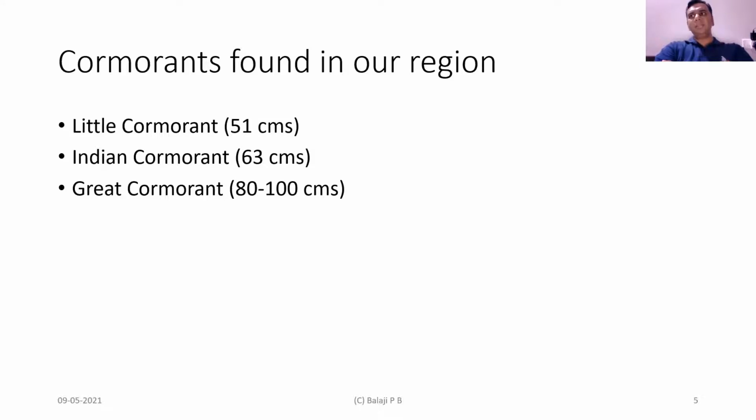And sometimes some of these cormorants, if there's a lot of food availability, lay multiple broods every year. Multiple broods in the sense that they nest two or three times every year, if there's enough food availability during the year.